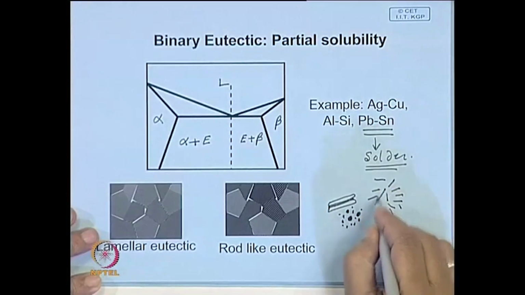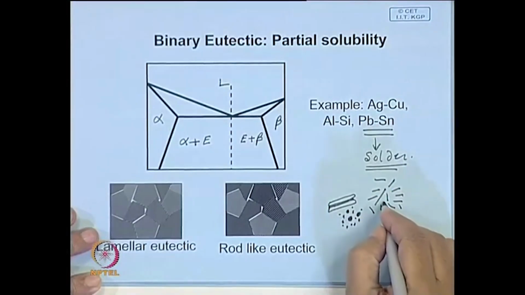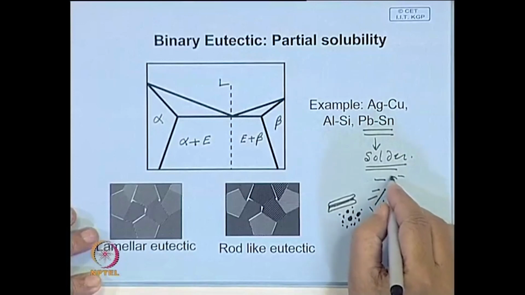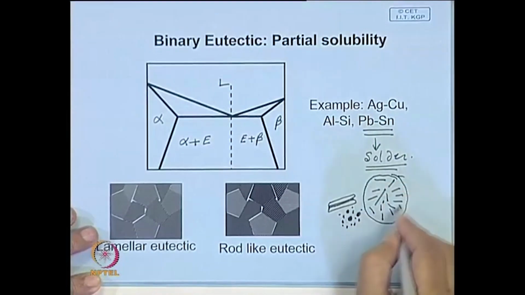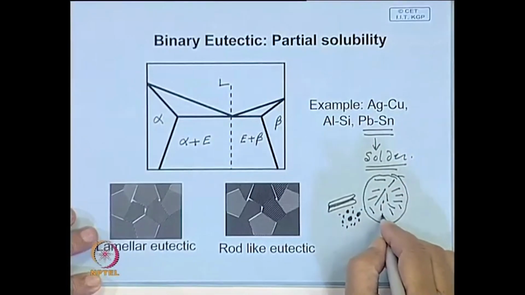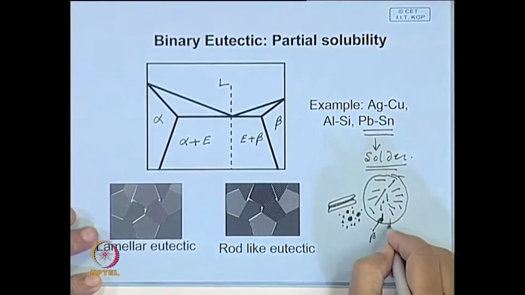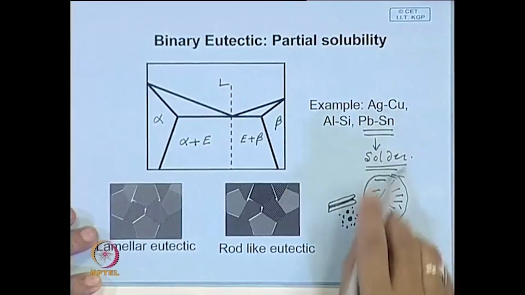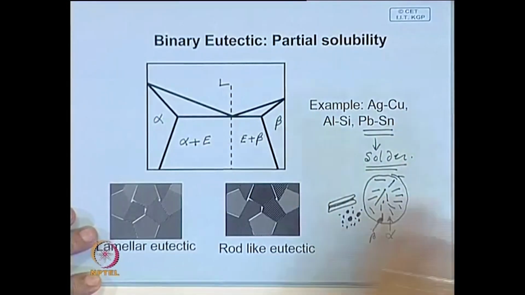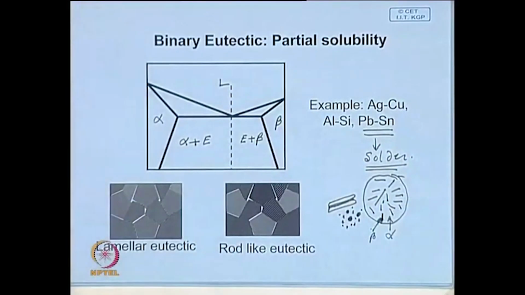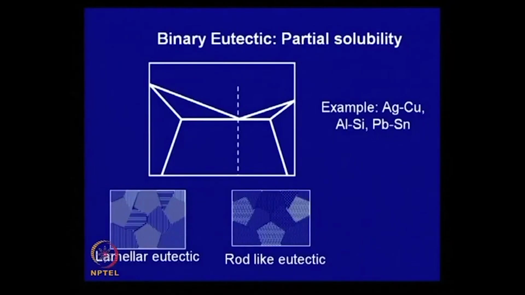But what it means is that a eutectic will be an intimate mixture of two phases. Say this is beta, this is alpha, and this pattern can be regular or irregular, depending on certain physical characteristics of the two metals A and B.